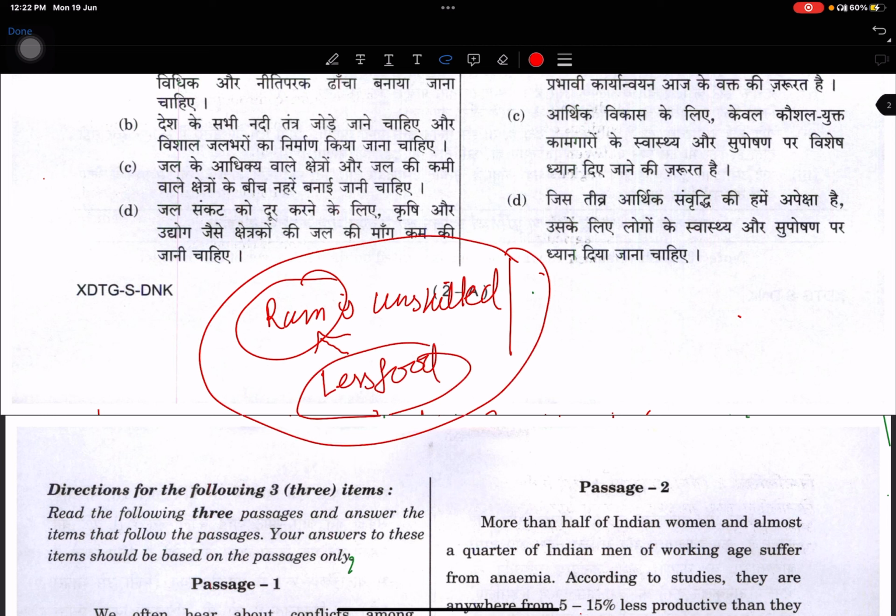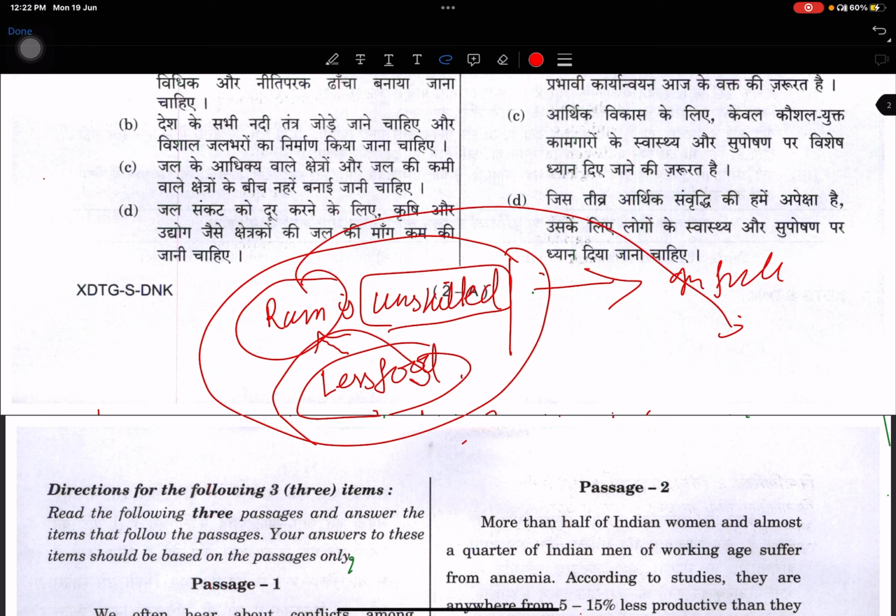Now consider a situation. राम की पहली कंडीशन खराब थी, अनस्किल्ड था, उसको और लेस फूड दे दिए. इन फ्यूचर इफ यू वांट टू मेक हिम a skill, will he have that much stamina or strength to go for a skilled workforce?